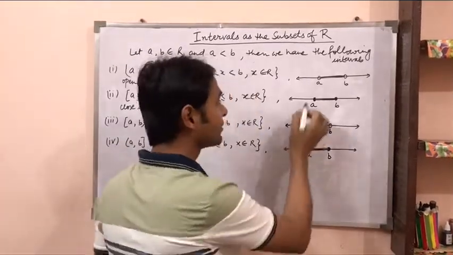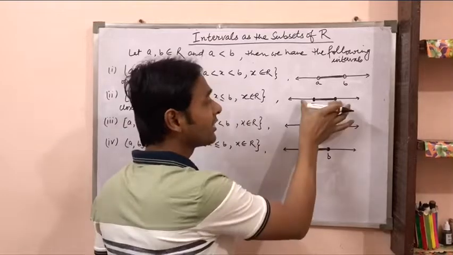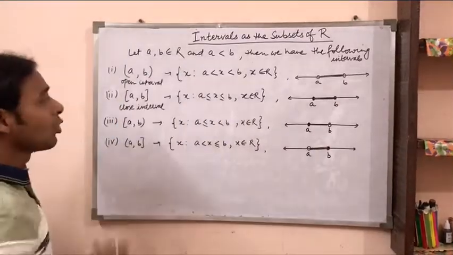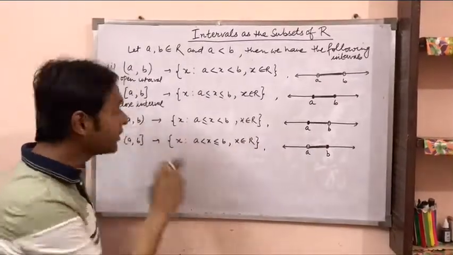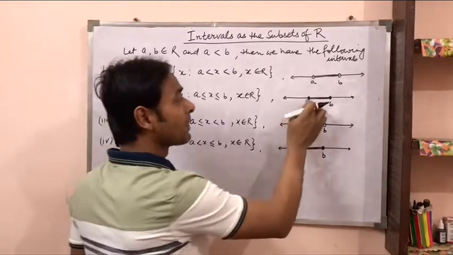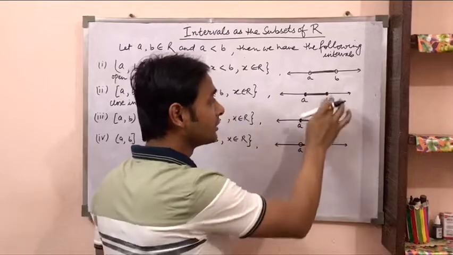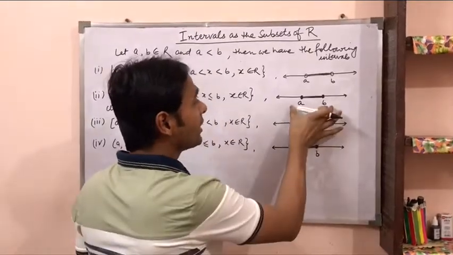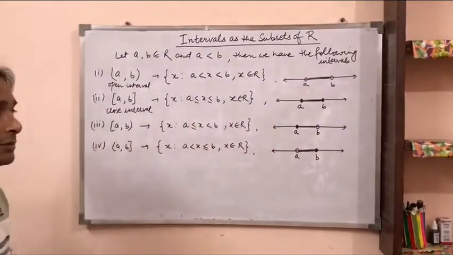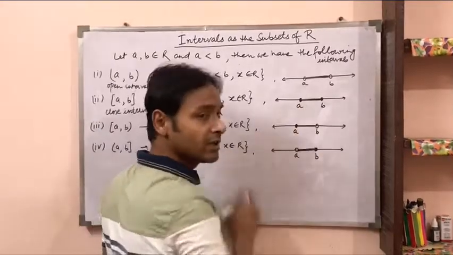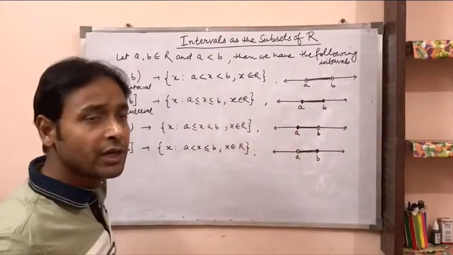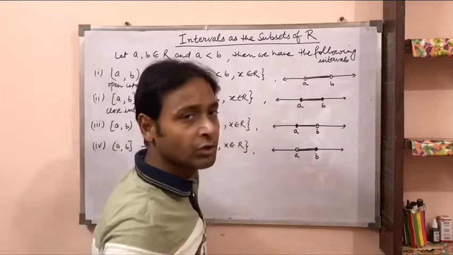This is the point A, this is the point B. Both are darkened because the interval is closed. Corner points are included in the closed interval, and all the numbers between A and B are also darkened. So this is the representation of the closed interval. The points between A and B are included, and the corner points are also included.